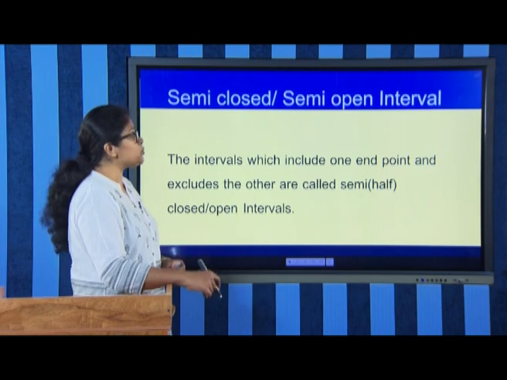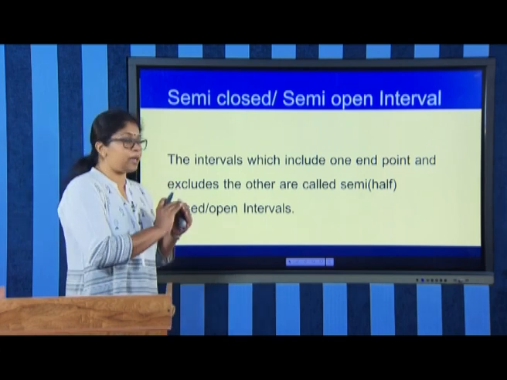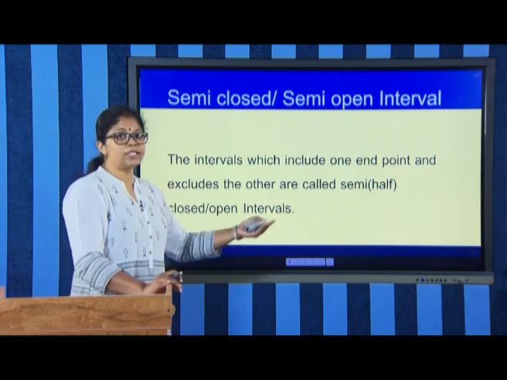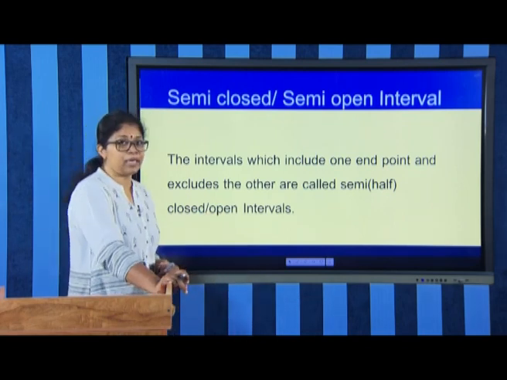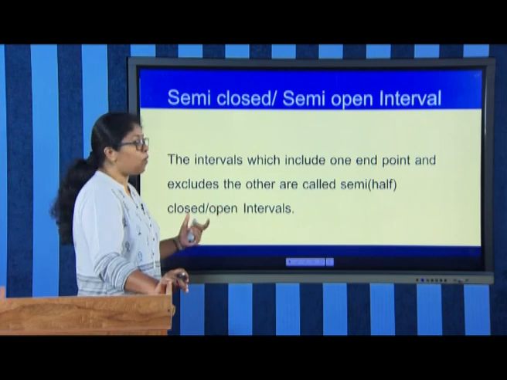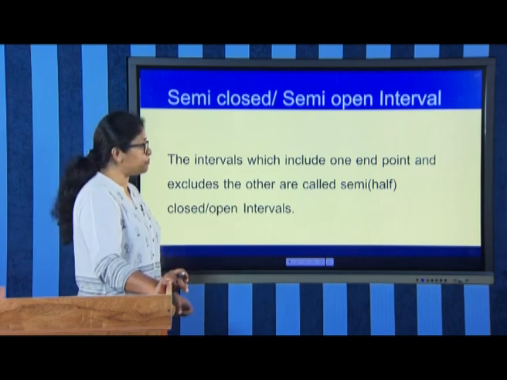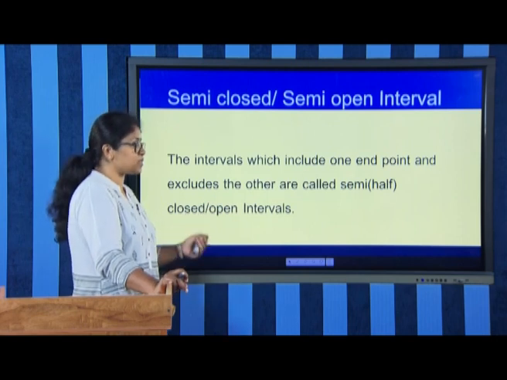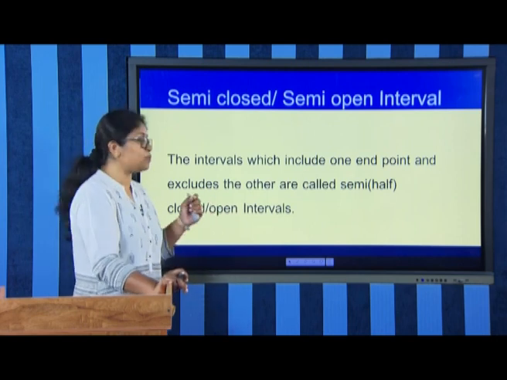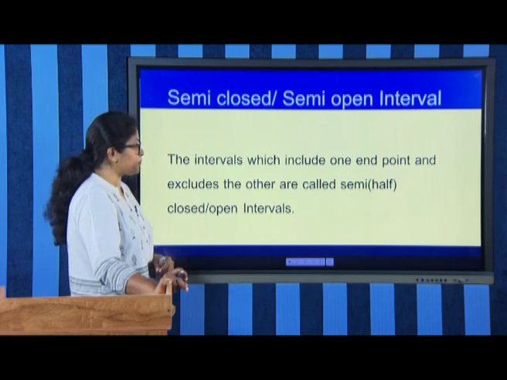The intervals which include one of the endpoints and exclude the other are called the semi-open or semi-closed or half-open or half-closed intervals. Both the names can be seen in literature.